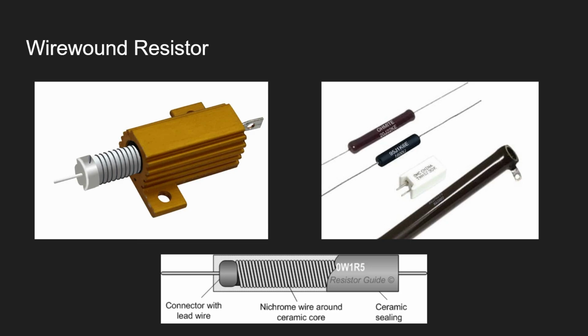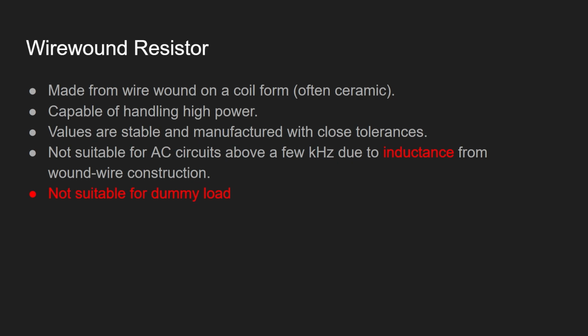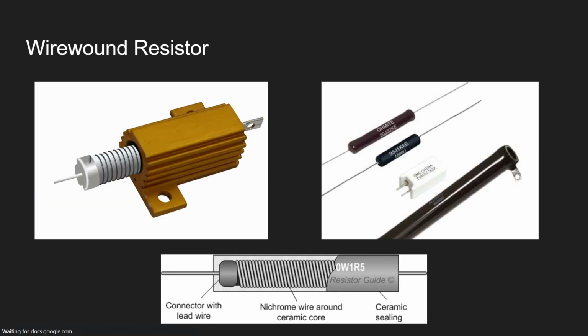But one advantage is that the thermal coefficient is very low, so the resistance won't change a lot when it is heated up or in a very cold place. But you should never use this for a radio dummy load. It is common if you use a dummy load as an audio output, though.